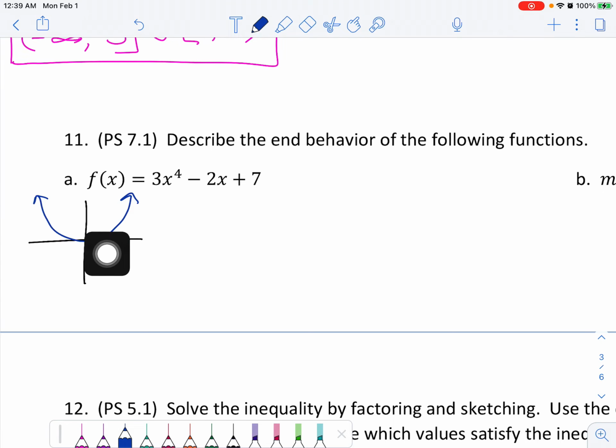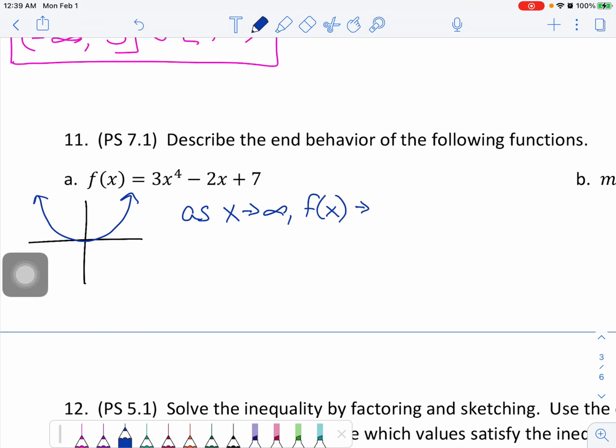There can be some mountains and valleys in the middle, but ultimately it's concave up in both the positive and negative direction.